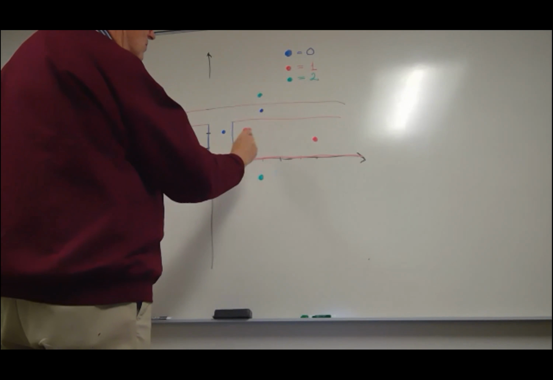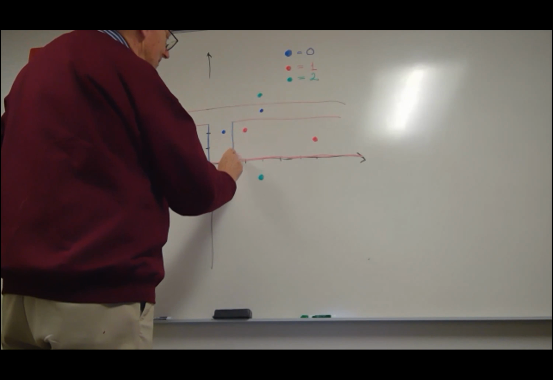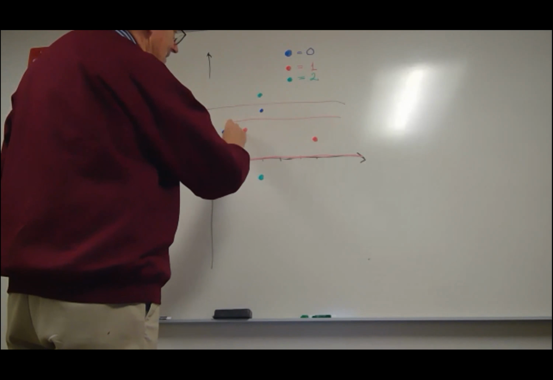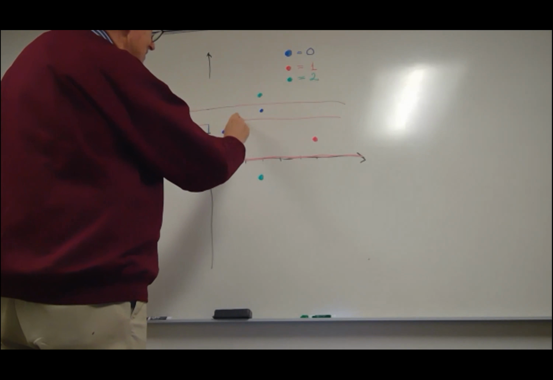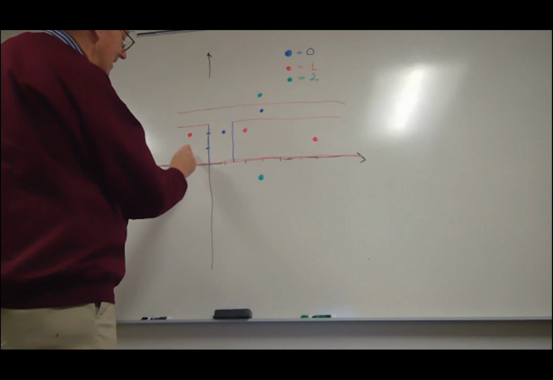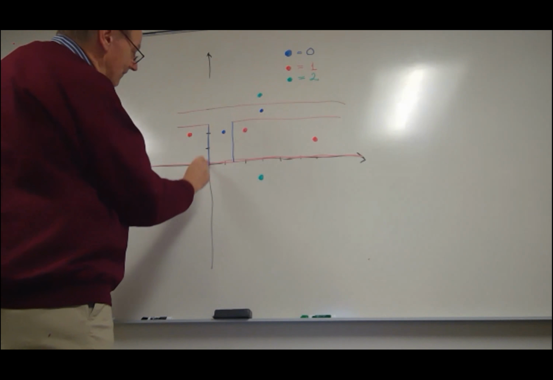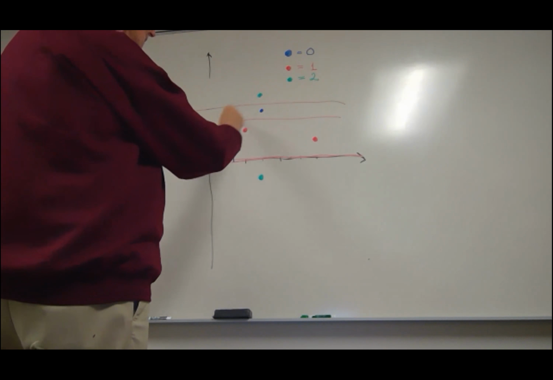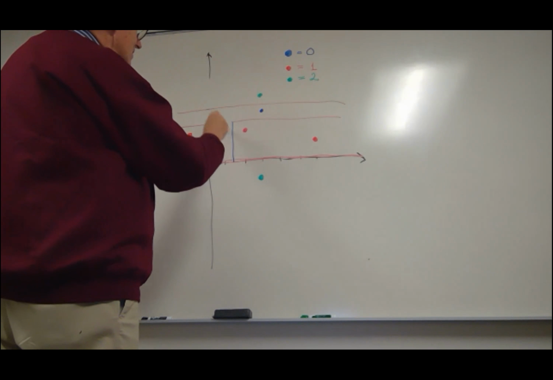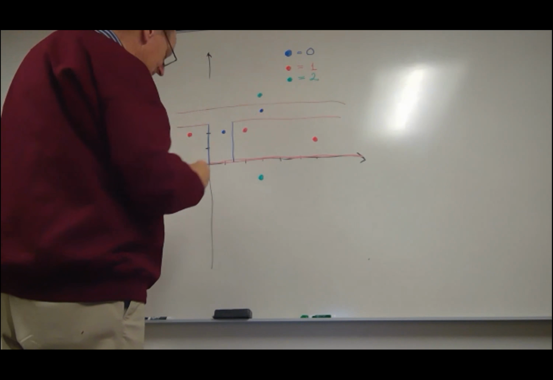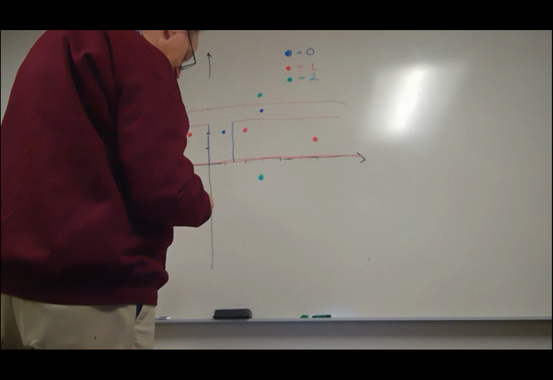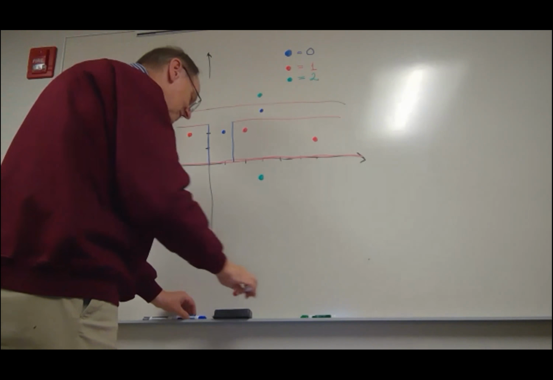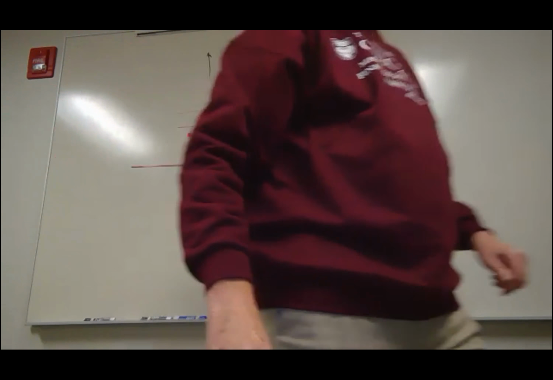The category 1 points will have x coordinate bigger than 1.5 and y coordinate smaller than 2.5, or they'll have y coordinate smaller than 2.5 and x coordinate less than 0. And then finally we have the category 0 points in this T-shaped region here. So this is the optimal tree that we get by fitting this data set.